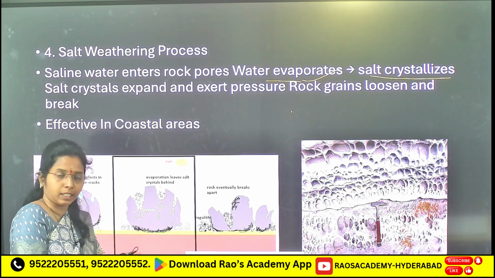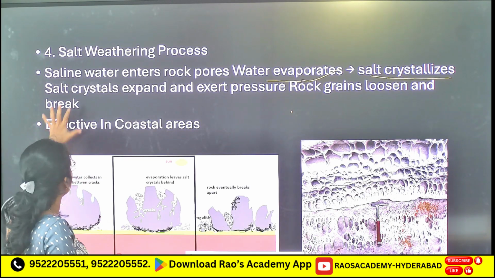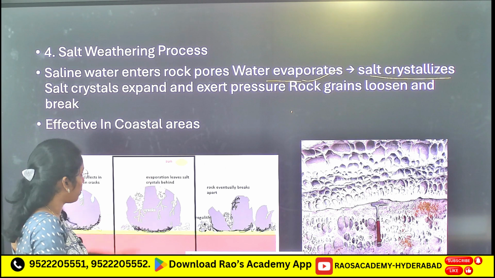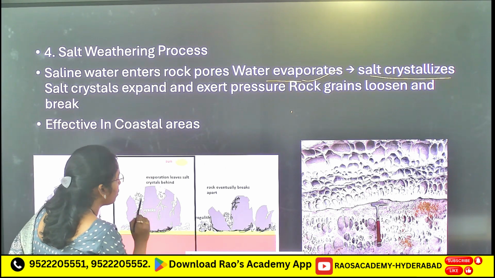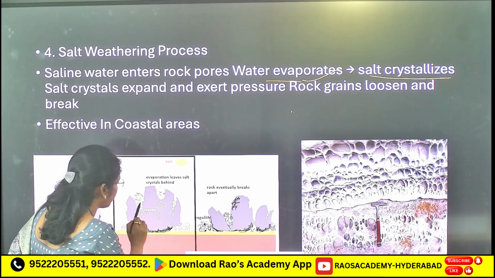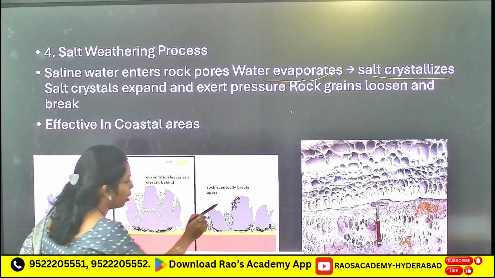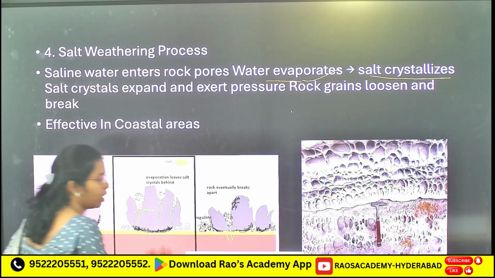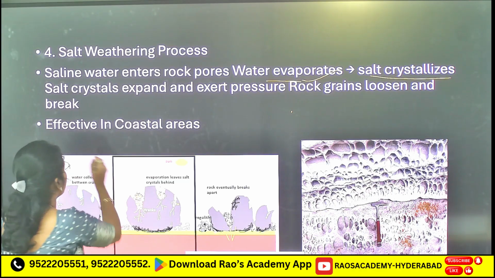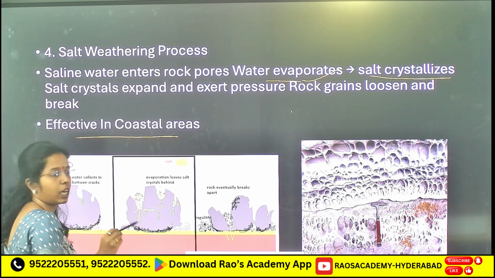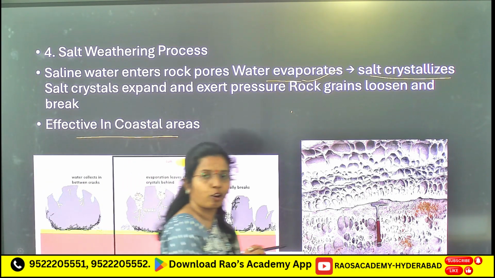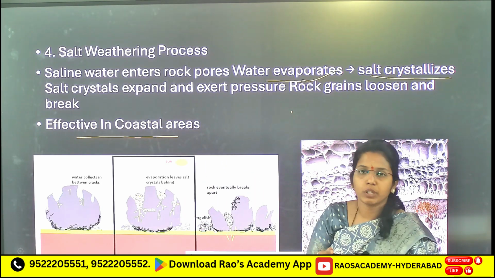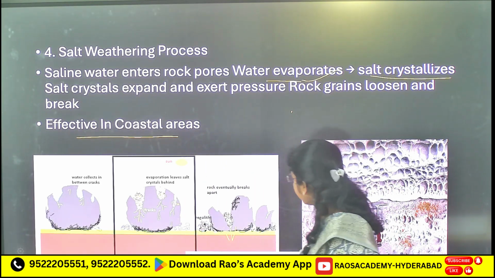Salt crystallizes, and after crystallization these salt crystals exert pressure. See, evaporation leaves salt crystals behind. The rock eventually breaks. It is effective in coastal areas, so you will see salt weathering in coastal areas like that.